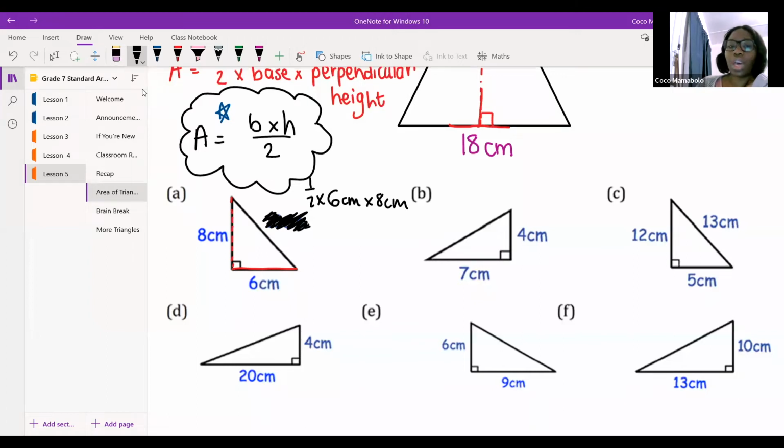Don't use the hypotenuse. We do not use the hypotenuse. And Teacher Kat is right, it's there to confuse you. Oh, because I thought you use all 3 of them and then you halve them all. No, my sweetie, just the base times the height, and then you half it. Okay, thank you, Miss. All right.